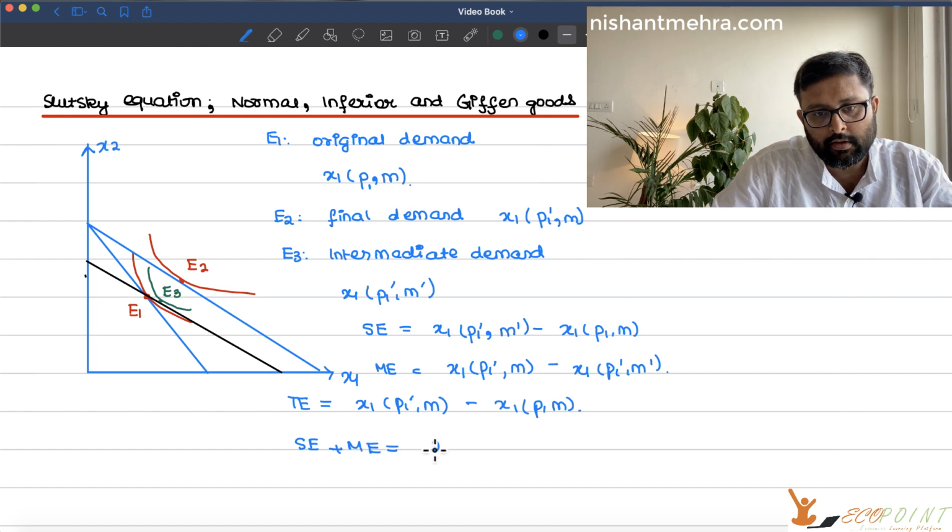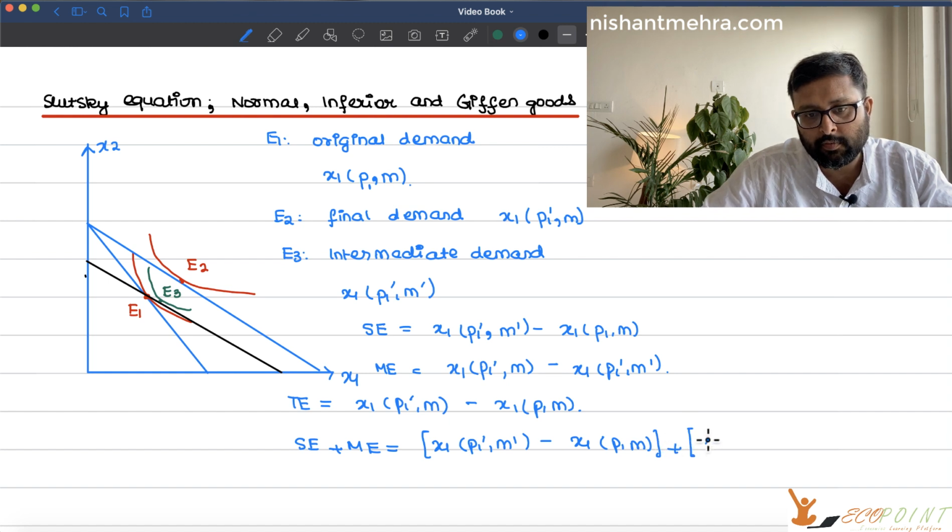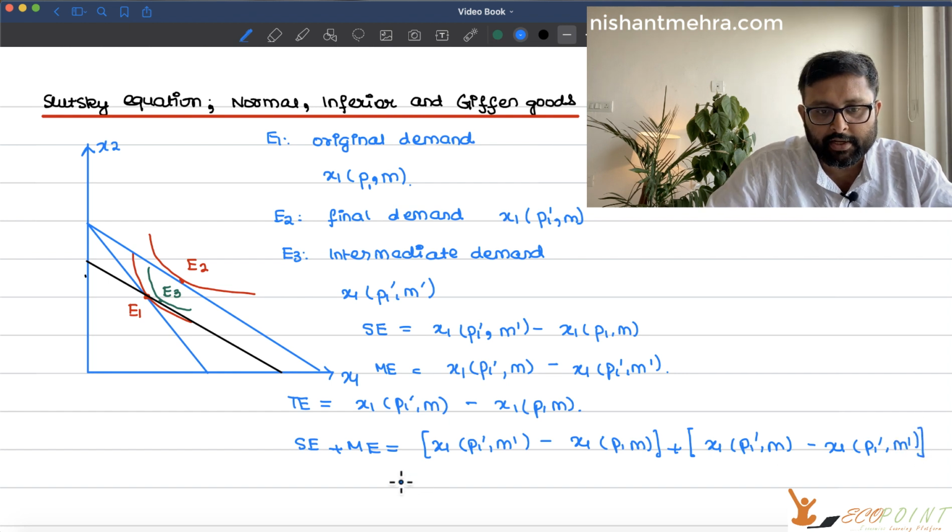These: X1 P1 dash M dash minus X1 P1 M, plus X1 P1 dash M minus X1 P1 dash M dash. Now if you look at it, don't you think that these two will cancel out?